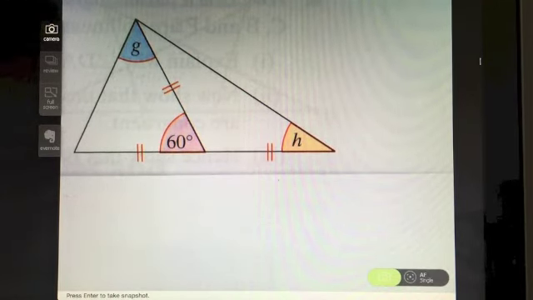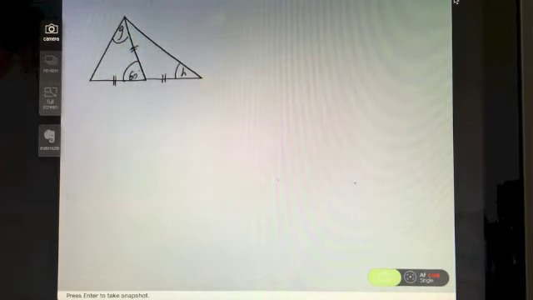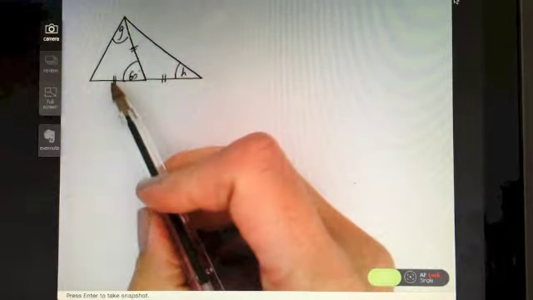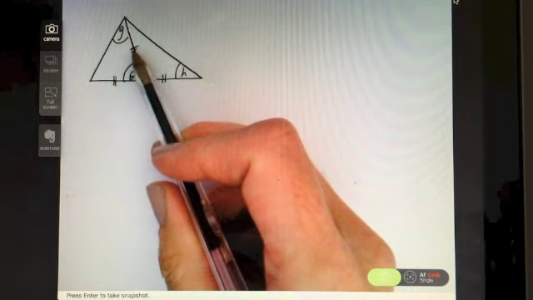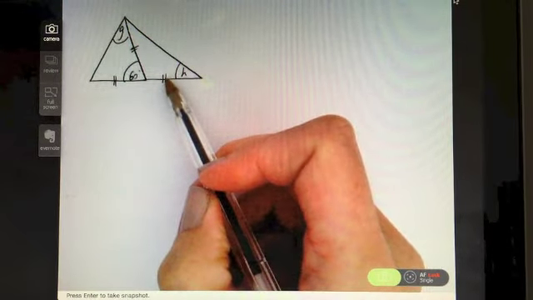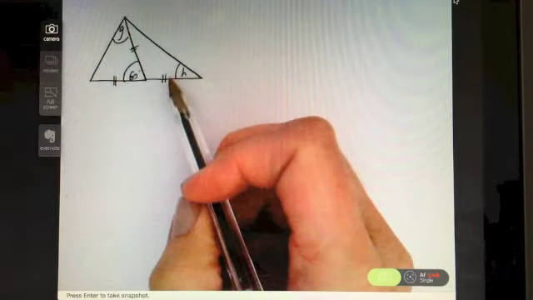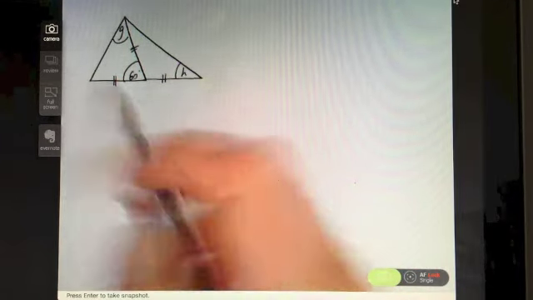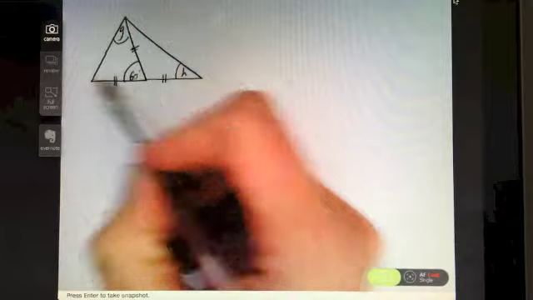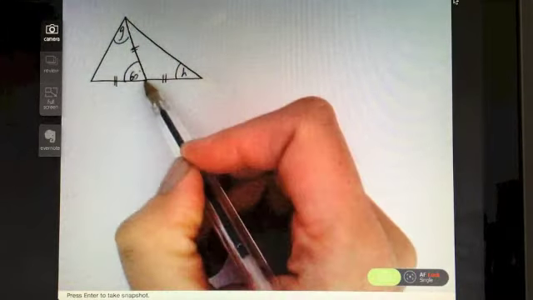come across thus far. So take this question here. We're looking for the angles G and H. Press pause, see how you get on with this one. So I've drawn it out for myself here, and I can spot straight away that with 2 dashes here, 2 dashes here, and 2 dashes here, that implies that those three sides are equal to each other. So it's an isosceles triangle, this triangle here.